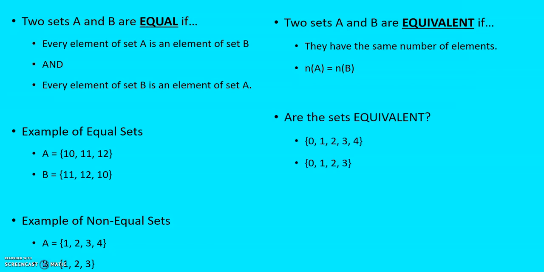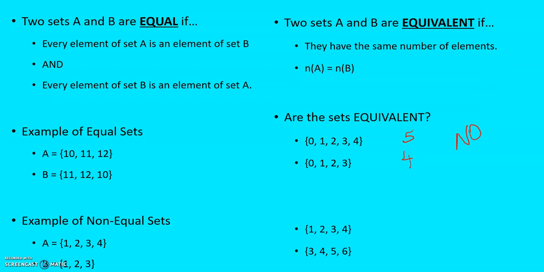Are the sets equivalent? The first set, {0, 1, 2, 3, 4}, has 5 elements. The set {0, 1, 2, 3} has 4 elements. No, the sets are not equivalent.